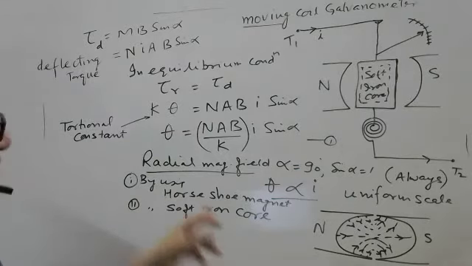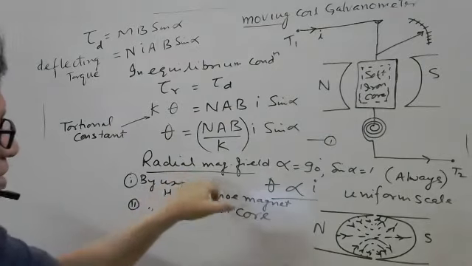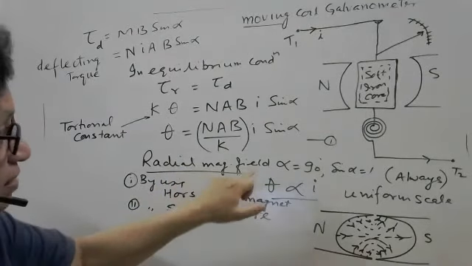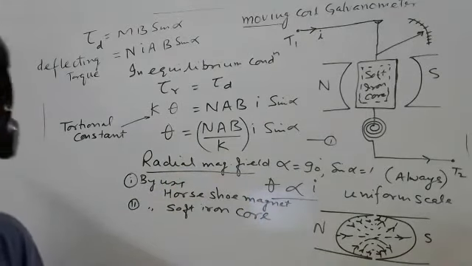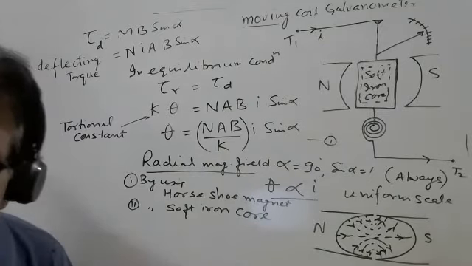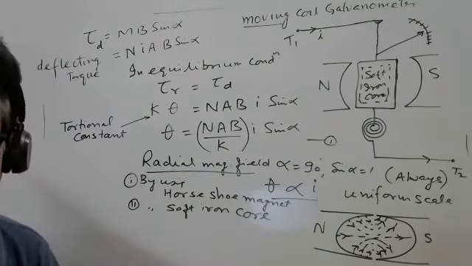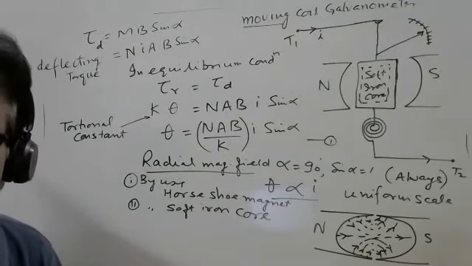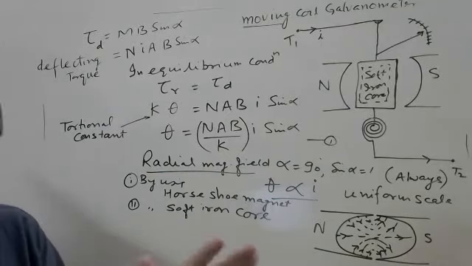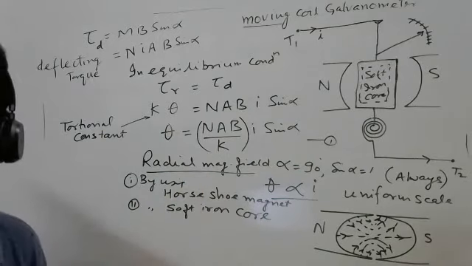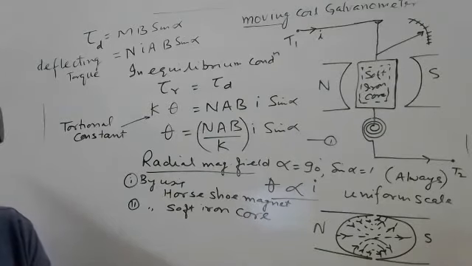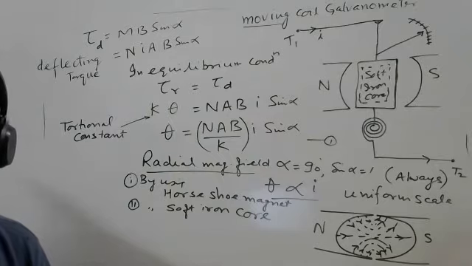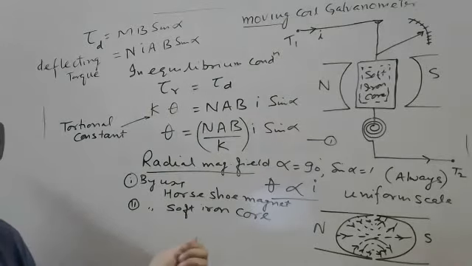This particular field is given a very special name, radial magnetic field, in the direction of the radius, you can say. So the magnetic field is also rotating. In the previous case, only the coil was rotating, the magnetic field was in a fixed direction, but not here. Got it? So both are rotating, the magnetic field as well as the coil, and because of this alpha is 90 degree always, and this is called radial magnetic field.